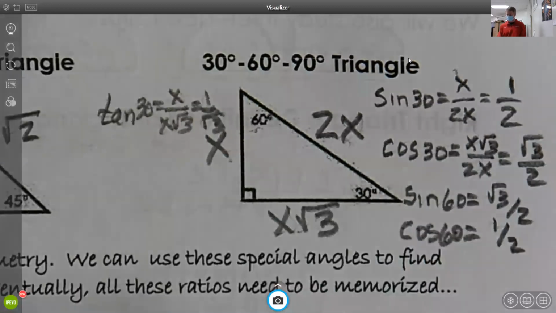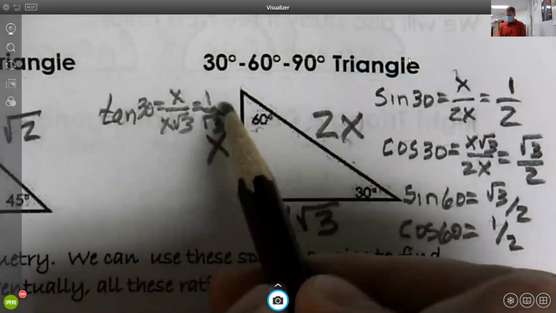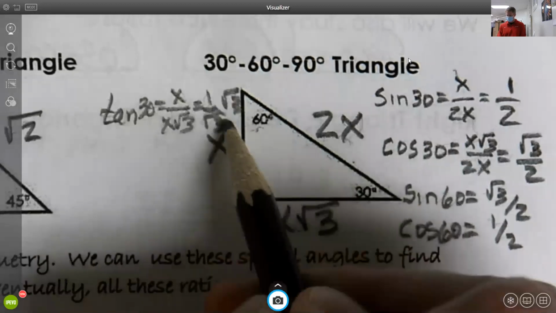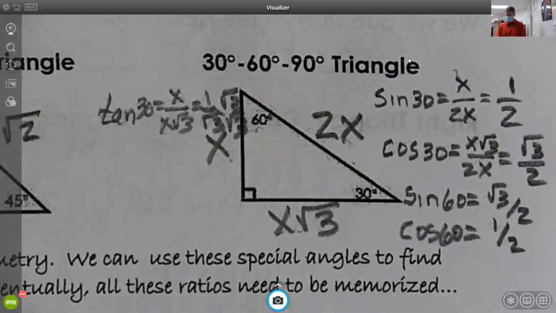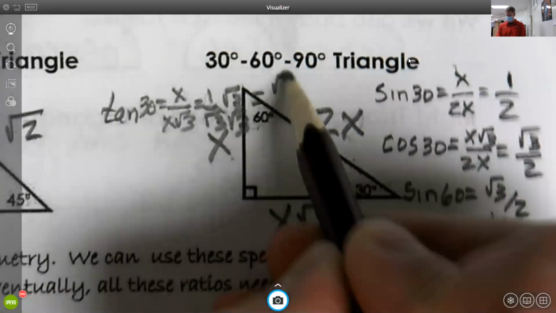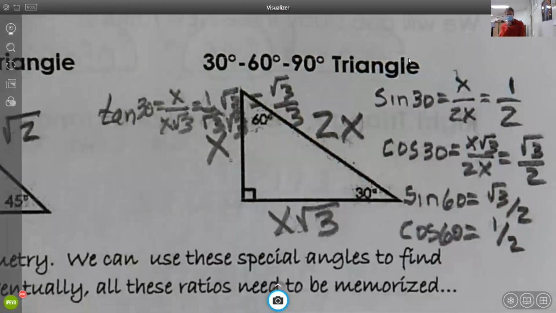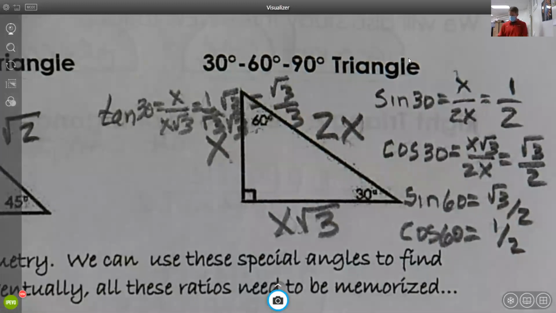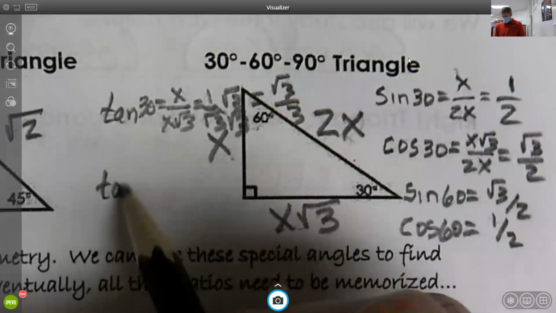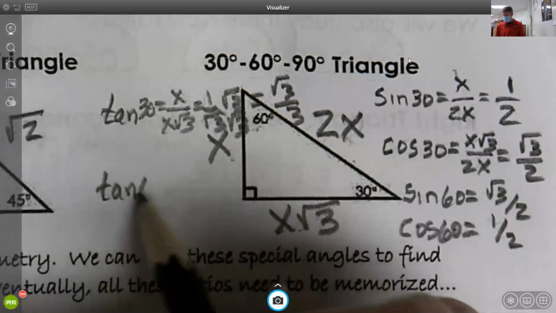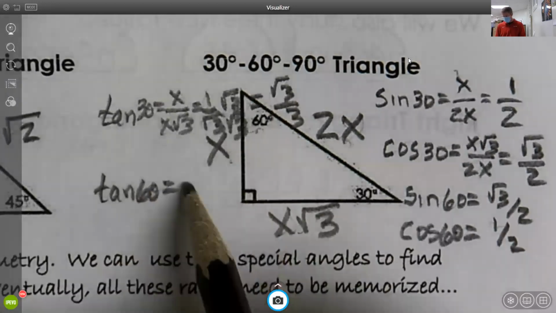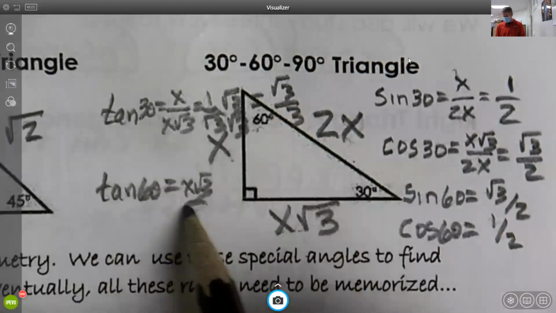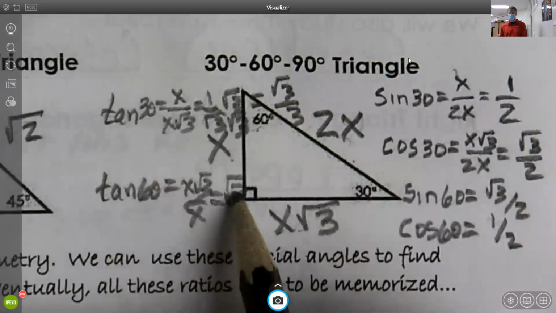And we have to rationalize the denominator. So when we do that, we'll get root 3 over 3. And the tangent of 60 is x root 3 over x. That is just root 3.